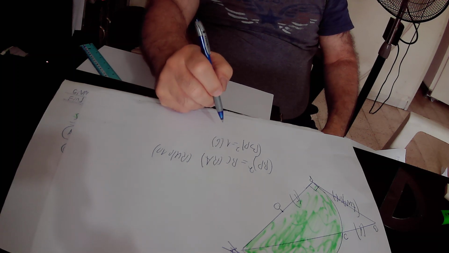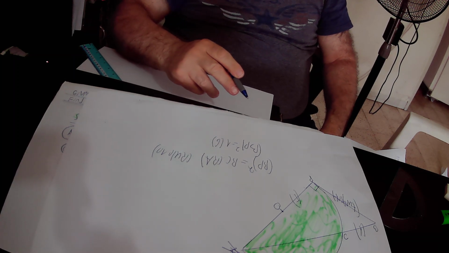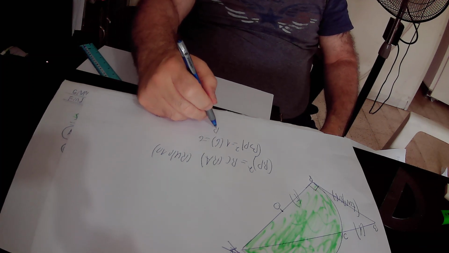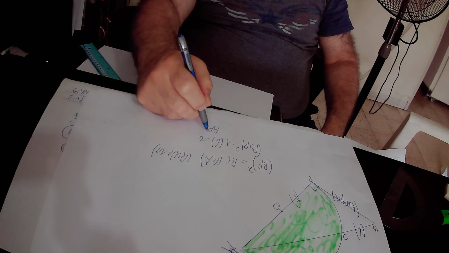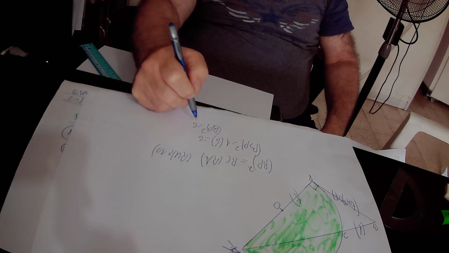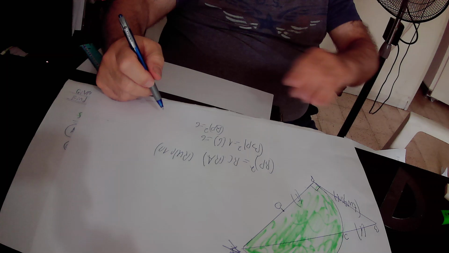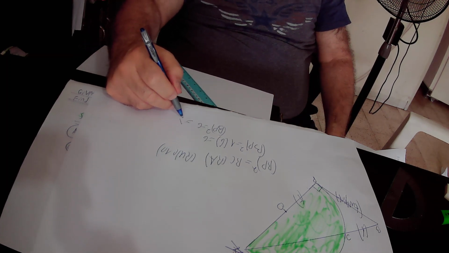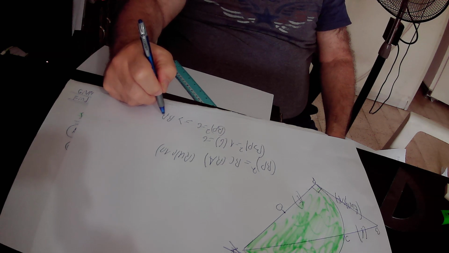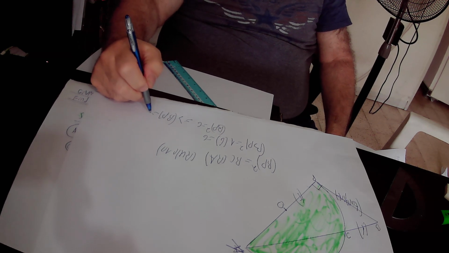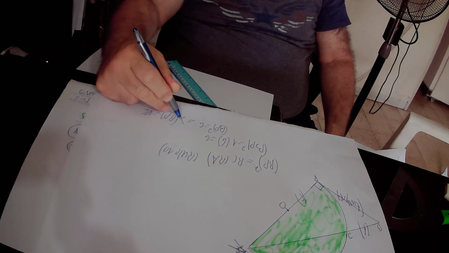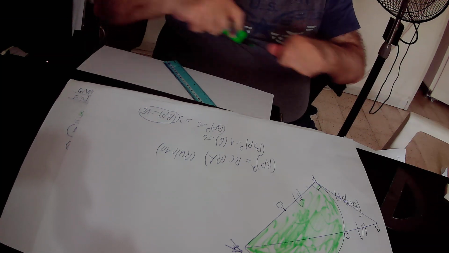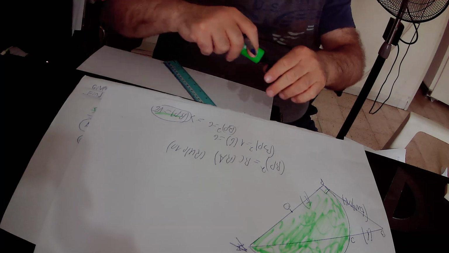So in conclusion, we found out that BP squared equals 1 times 6, that is 6. BP squared equals 6. We take the root of this equation, and finally we get that the missing tangent BP equals the square root of 6 units in its length.